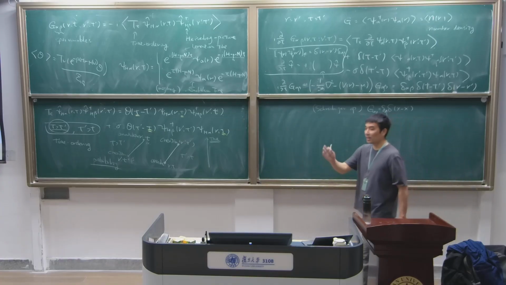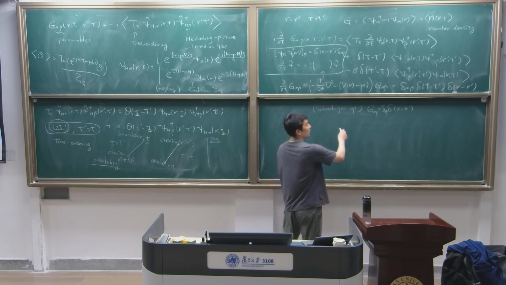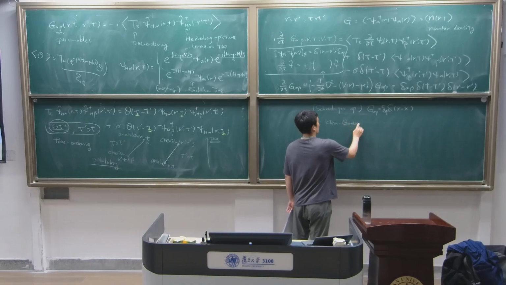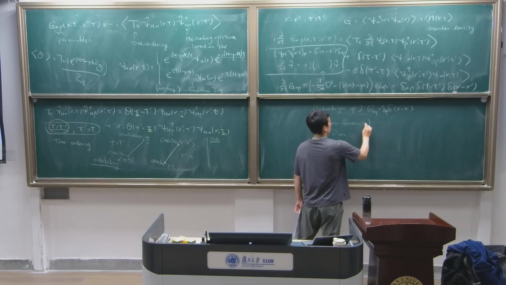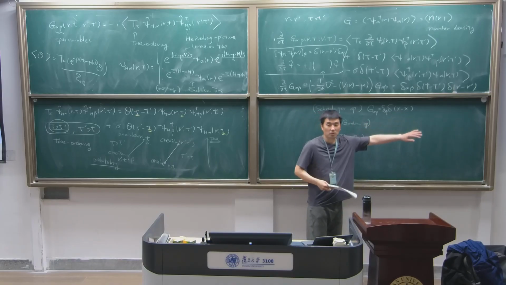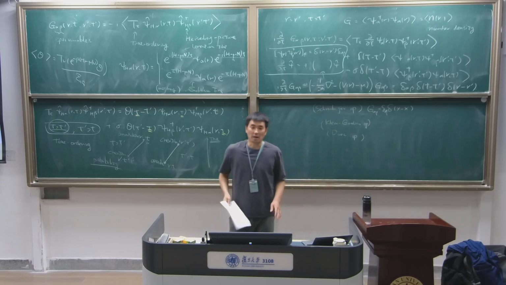If you learn QFT, this Schrödinger operator is replaced by the Klein-Gordon equation. It can be replaced by the Dirac equation. And the operator acting on the Green function, you should get the delta function. It's the same thing.